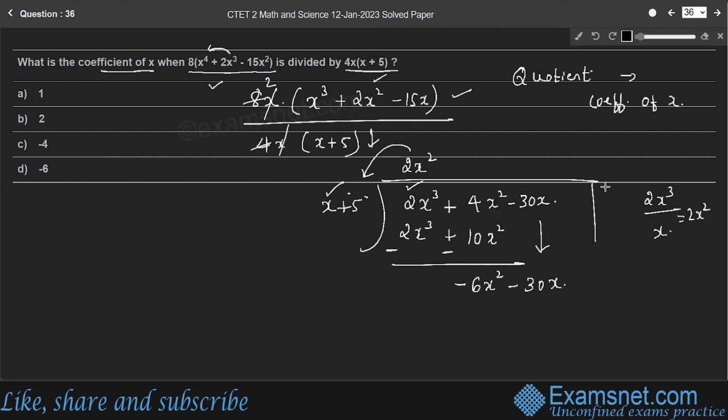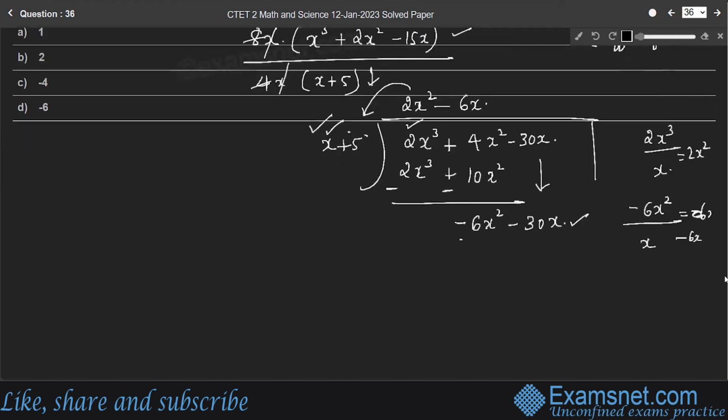Again, in the remainder we have minus 6x^2. Divide this by the first term of the divisor, x, and you will get minus 6x. Write this minus 6x in the quotient part. Multiply minus 6x with x plus 5, and you get minus 6x^2 minus 30x.